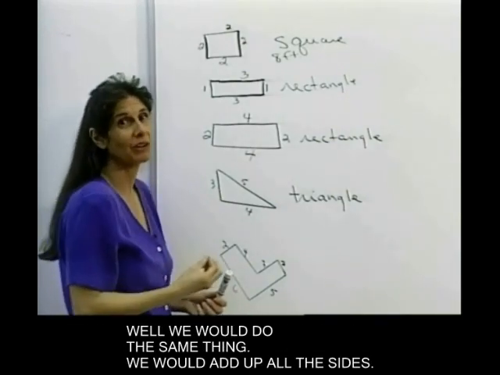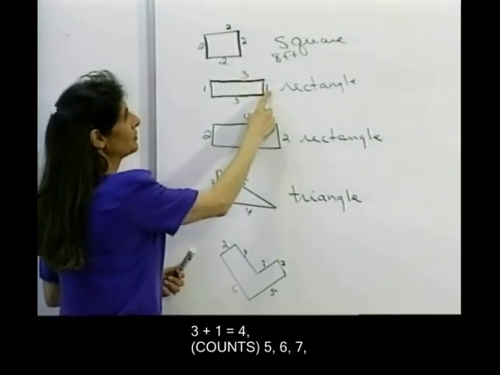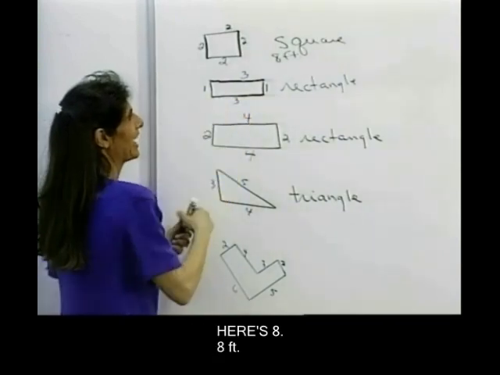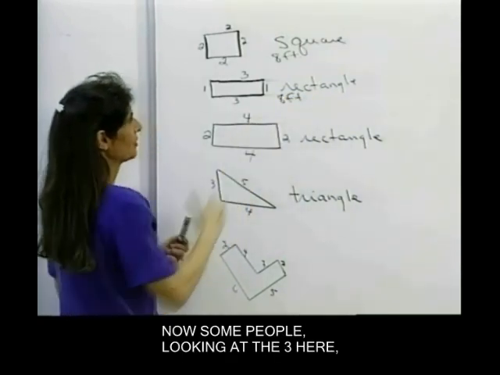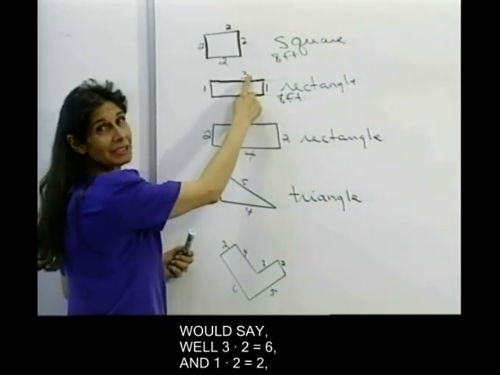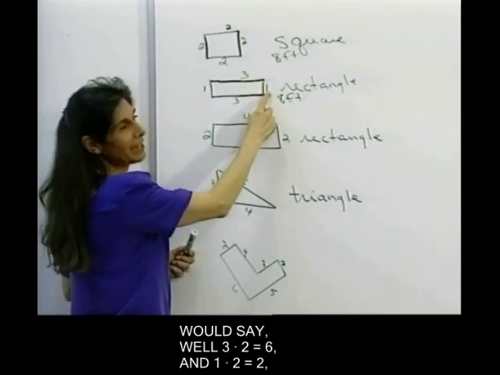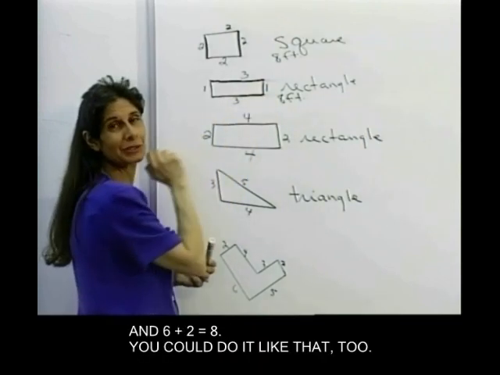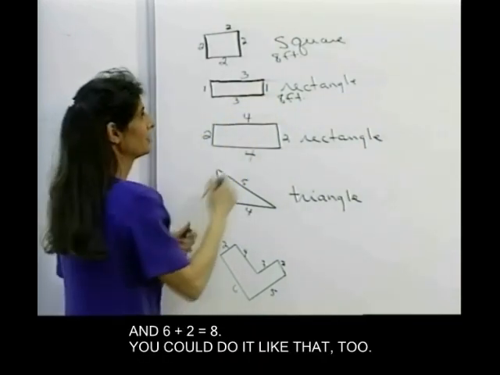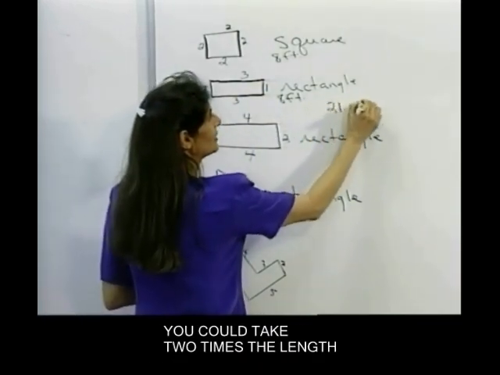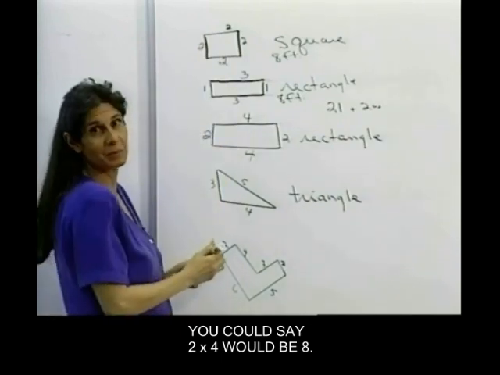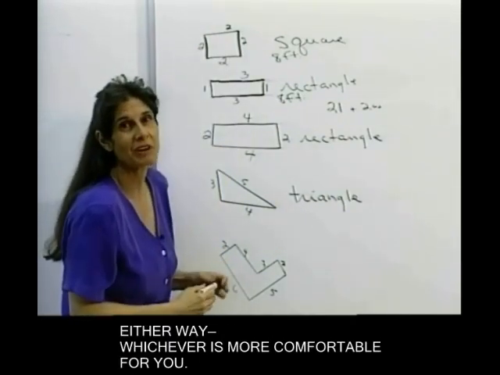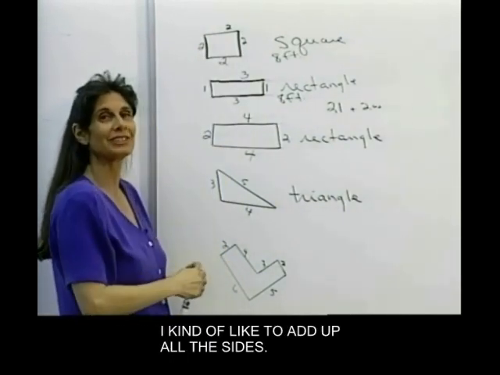We would add up all the sides. 3 and 1 is 4, 5, 6, 7, here's 8. 8 feet. Now, some people looking at the 3 here would say, well, 3 times 2 is 6, and 1 times 2 is 2, and 6 plus 2 is 8. You could do it like that, too. You could take 2 times the length plus 2 times the width. Just like here, you could say 2 times 4 would be 8. Either way, whichever is more comfortable for you, I kind of like to add up all the sides.